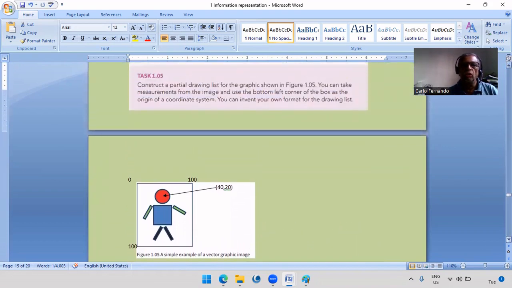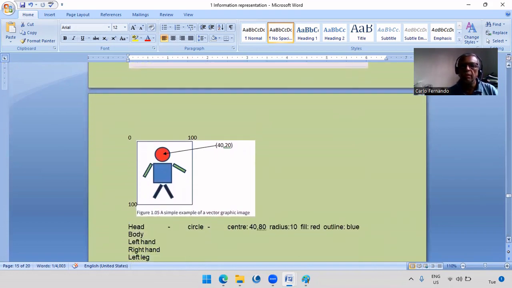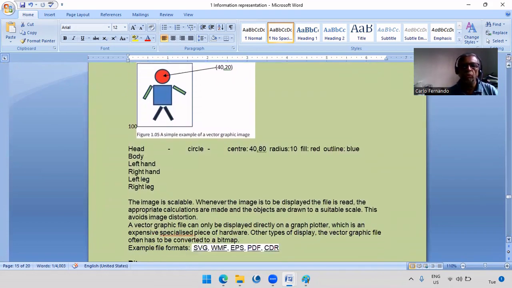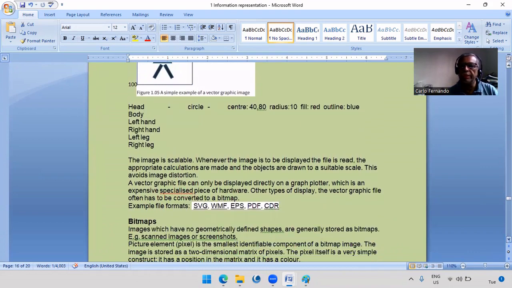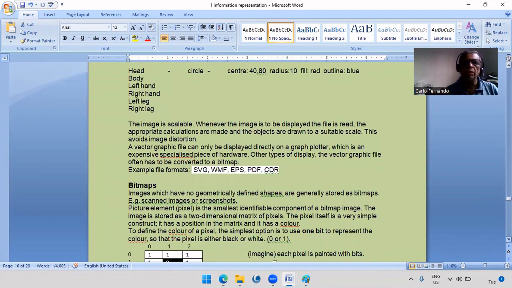On your course web page, you have a place to submit this task and all other tasks. It's very important that you do all the tasks. Otherwise, at the end of the course, you will find the exam difficult. On the other hand, if you do all these tasks, you will be very successful at the exam.